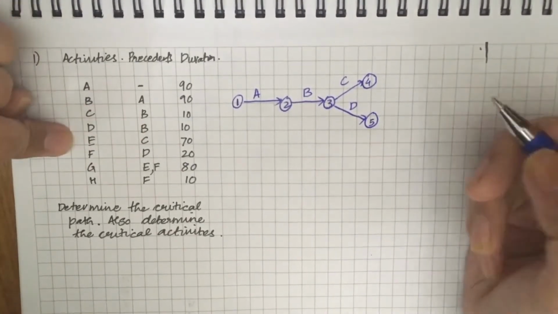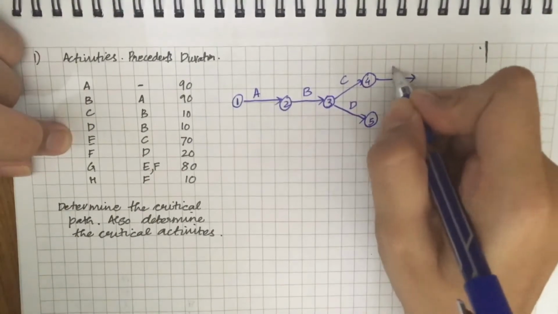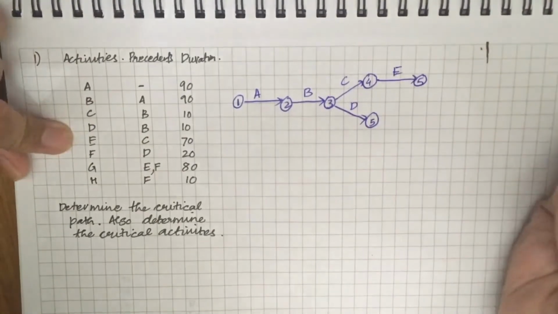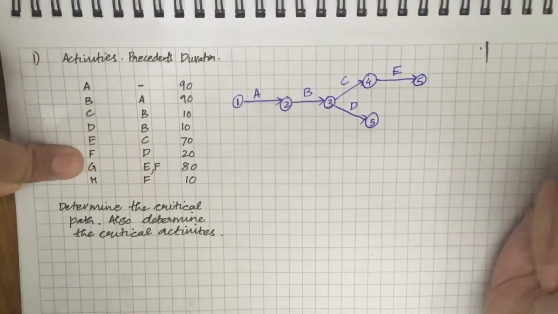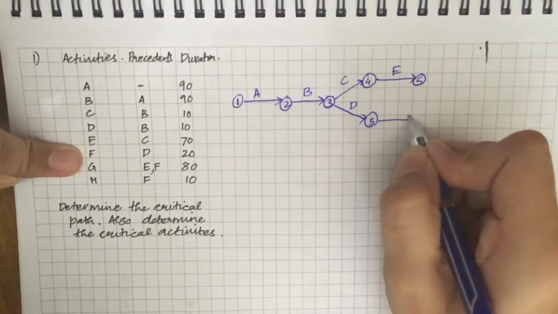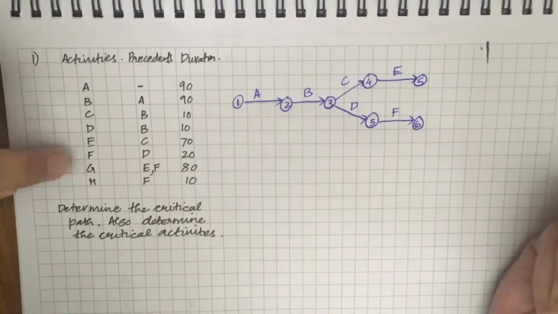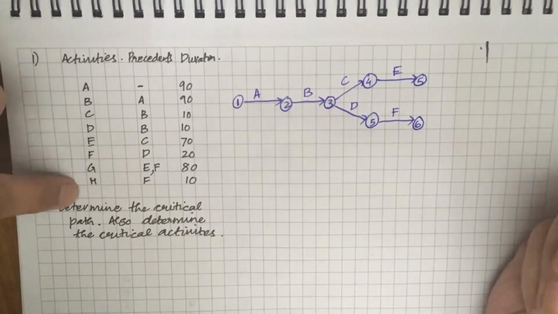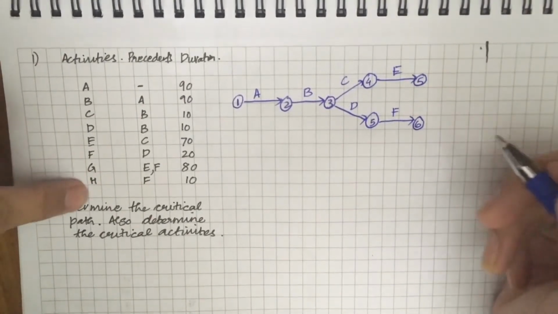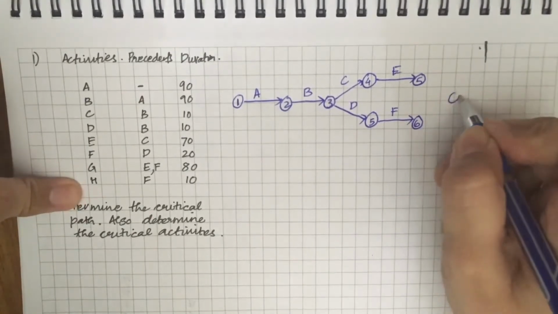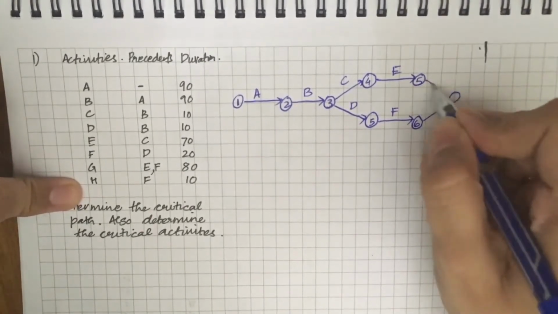Once C is done, you can proceed with E. Once D is done, you can proceed with F. Now once F is done, you can proceed with H. G and H are the last activities, so they will end here in the last event.